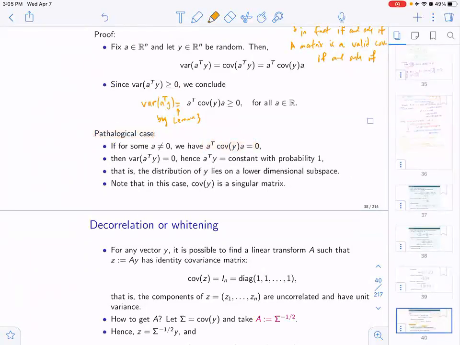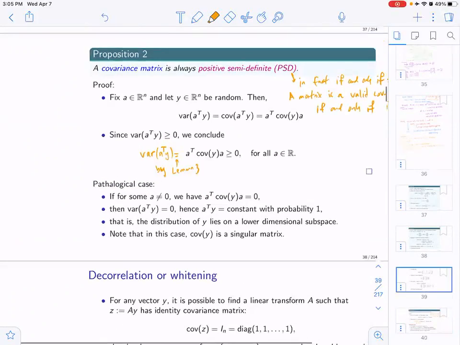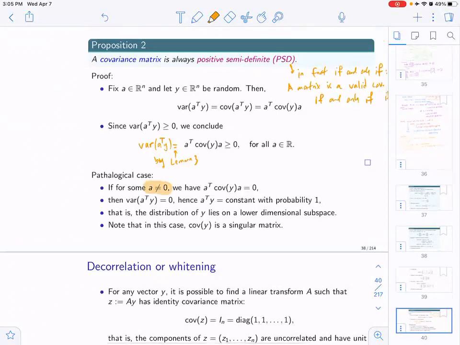So I'll talk a little bit about this in one of the lectures, probably 2020. I'm not going to go over it here, but if you're interested, if a covariance matrix is positive semi-definite but not positive definite, it means that it has a 0 eigenvalue. Alternatively, it means that there is a non-zero vector A such that this holds, which means that the variance of A transpose Y is 0, which then means that A transpose Y is constant with probability 1.